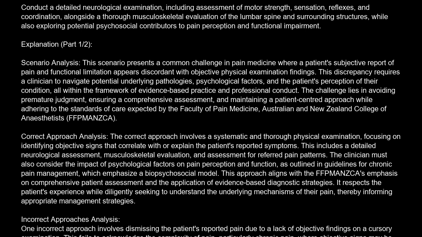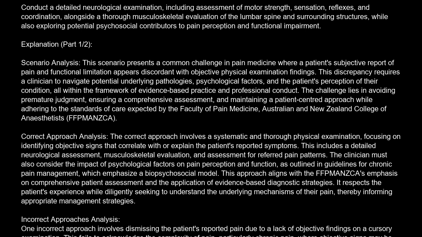The clinician must also consider the impact of psychological factors on pain perception and function, as outlined in guidelines for chronic pain management, which emphasize a biopsychosocial model. This approach aligns with the FFP-Manska emphasis on comprehensive patient assessment and the application of evidence-based diagnostic strategies. It respects the patient's experience while diligently seeking to understand the underlying mechanisms of their pain, thereby informing appropriate management strategies.